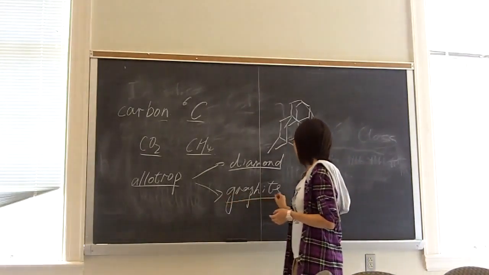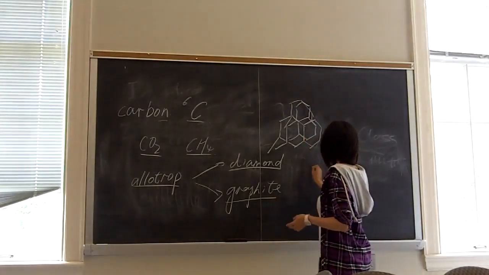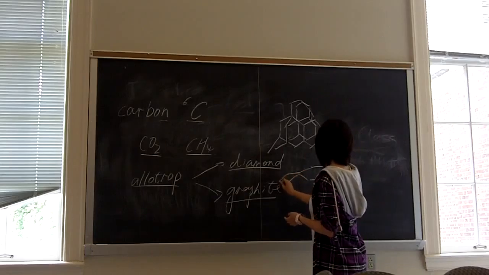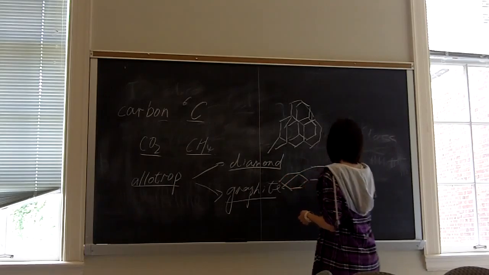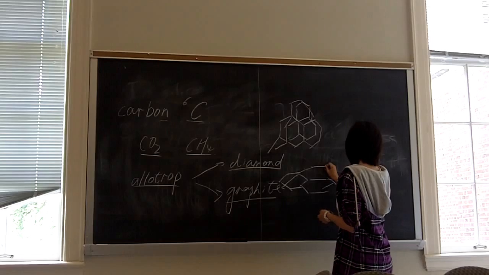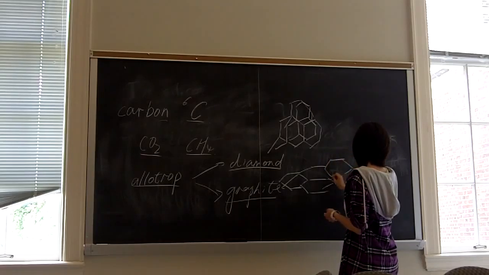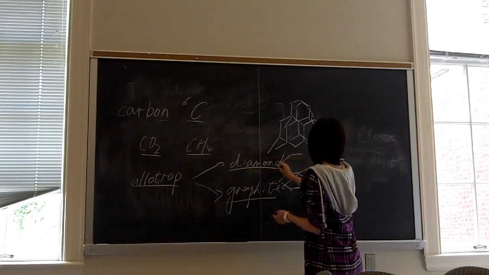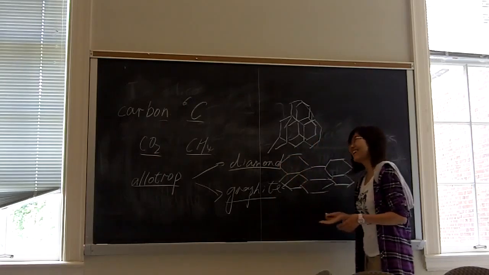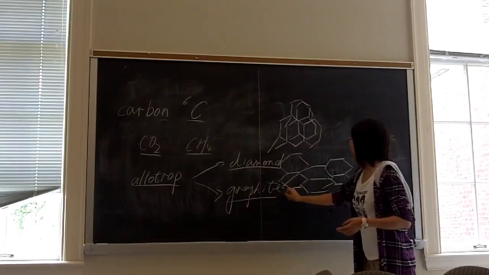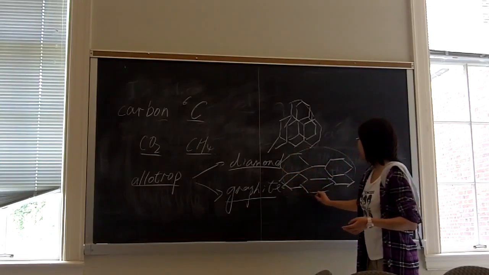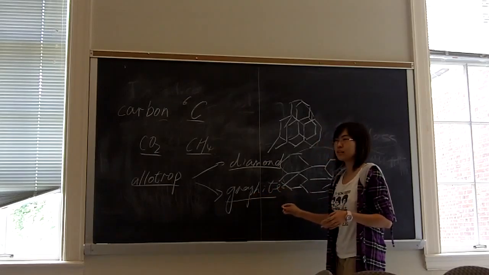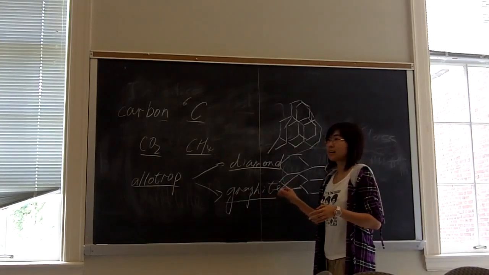However, the graphite has a planar structure, just like this. I'm not very good at drawing. Because it's a planar structure, the graphite is soft enough to draw a line on a piece of paper.